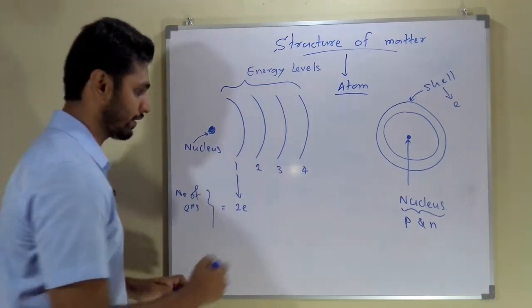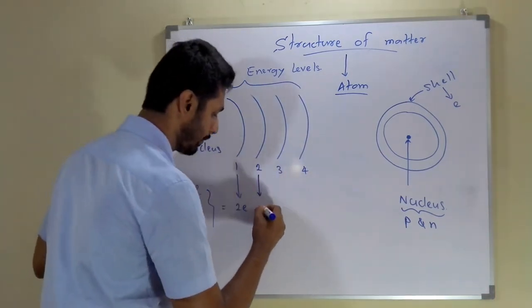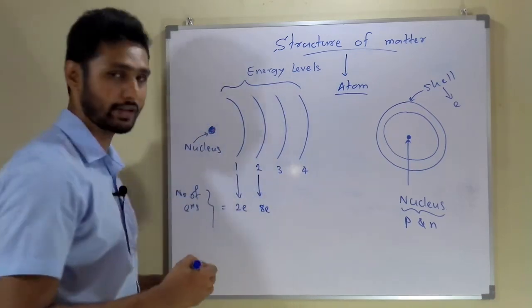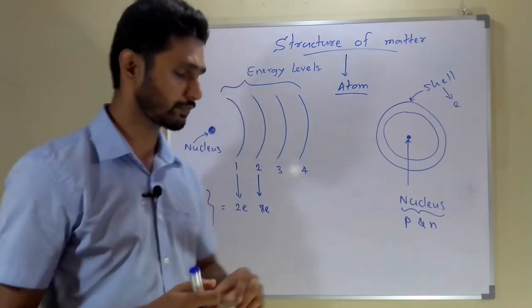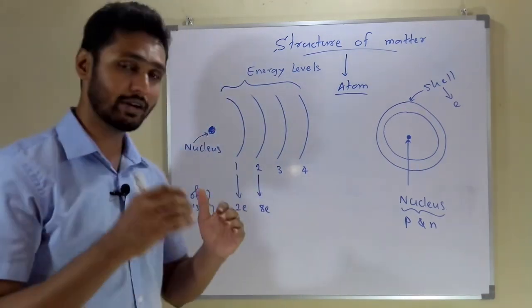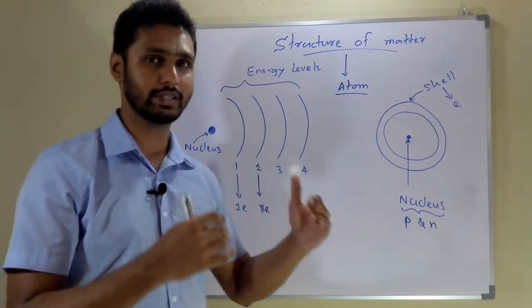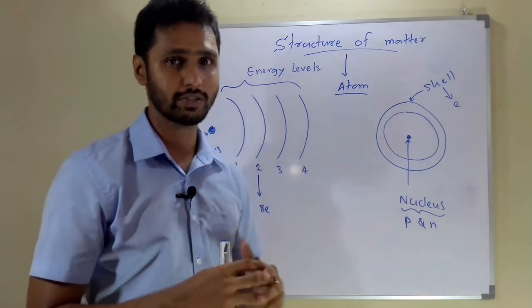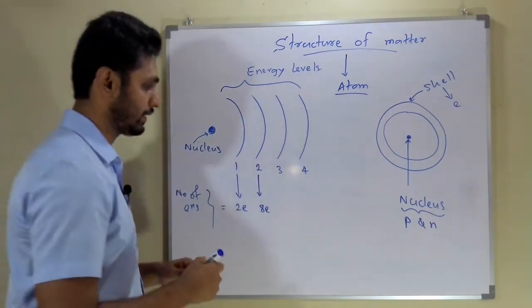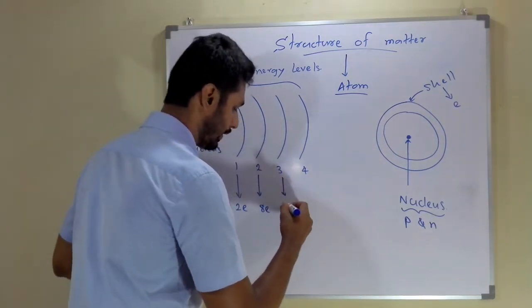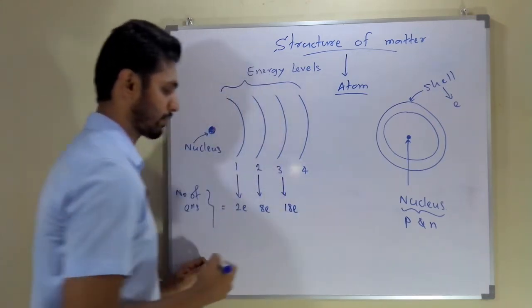In the second energy level, it can hold a maximum of 8 electrons. So that means it can hold 1, 2, 3, 4 electrons up to 8 electrons. More than 8 electrons it cannot hold. And the third energy level can hold 18 electrons.